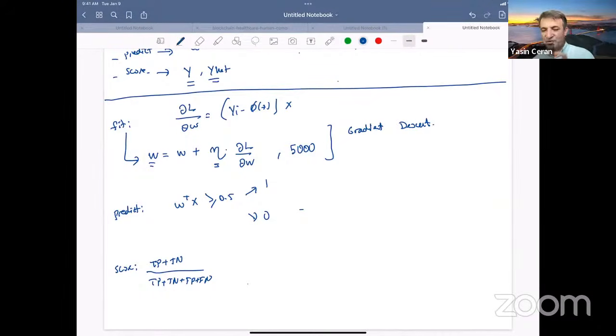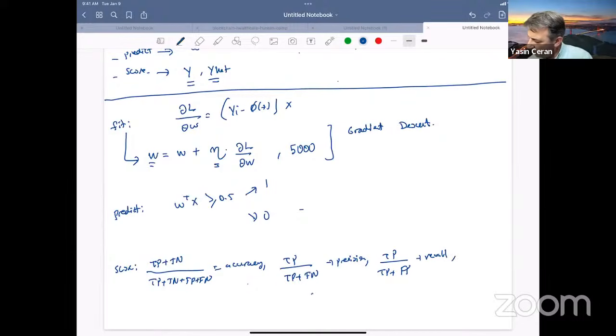Okay, so with score, we're going to find first this one, and we're going to call this accuracy. And then we are going to find true positive divided by true positive plus false negative. We're going to call this precision. And then true positive divided by true positive plus false positive. We're going to call this recall.